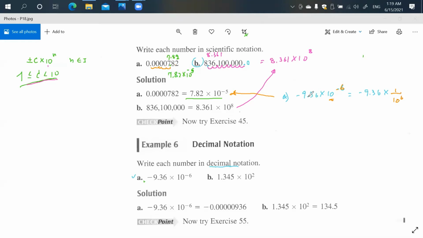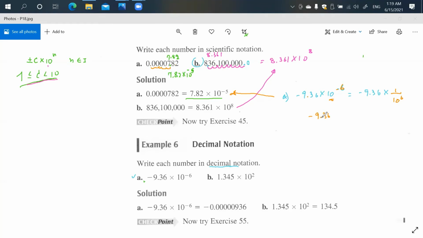So how do we start? Again from the decimal point, from here. From this one you count to the front. Just do the opposite.